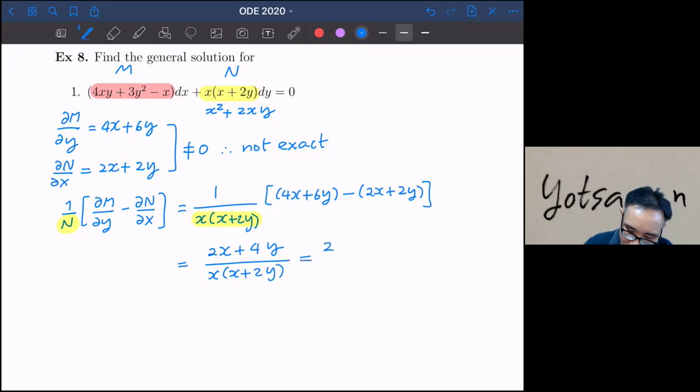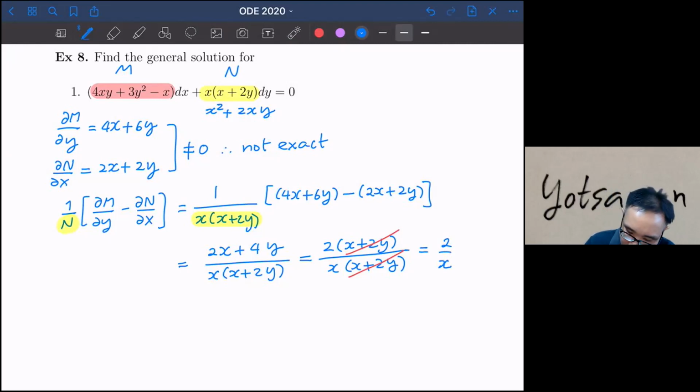So you get 2x plus 4y over x plus 2y, and you get rid of these two. So you're basically left with 2 over x.